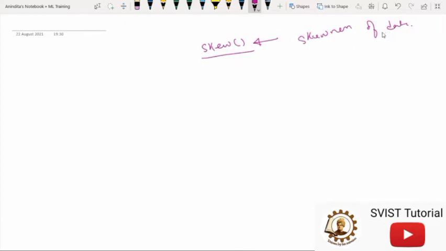Now how can we define skewness? First, one very important point: whenever you are dealing with Python and its functions, be very sure on which location your function will work, because our data set is 2D. We have rows and we have columns.